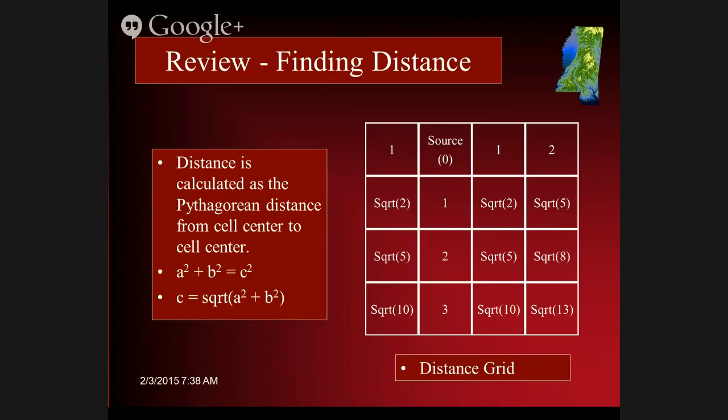So this really is very similar to a local operation where we're just applying a particular function, it happens to be the Pythagorean theorem, to every cell in the grid based on a distance. So it's finding that distance back to the source.